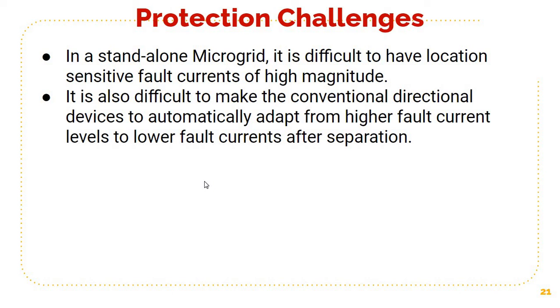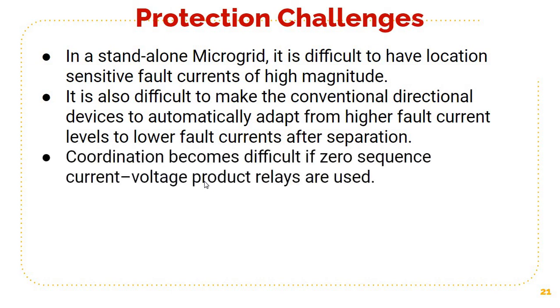This is a problem when the microgrid goes from the grid connected mode to the islanded mode. The fault current magnitude changes, so the protective devices should operate with the new fault current, and this adaptive type of fault current setting is difficult in conventional directional devices.